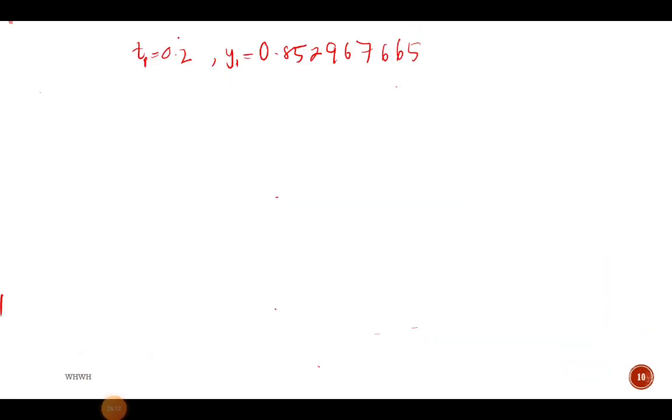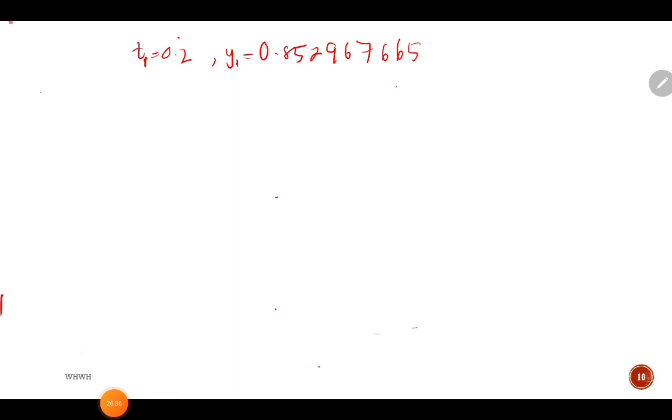Okay, so now kita ada T1 sama dengan 0.2 and Y1 is equals to 0.8529676665 kan. Okay, sekarang ni kita nak cari value of Y at T equals to 0.3 pula.